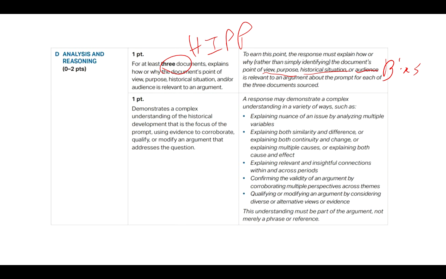Okay, and then finally, the complexity point. All the videos that I have seen on YouTube say don't even bother with the complexity point. Nobody ever gets it. But from what I understand, if you analyze multiple causes of something, I think that's when you group the documents maybe, explain the similarity and difference or continuity and change, explain both causes and effect.